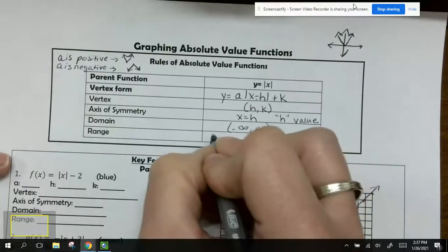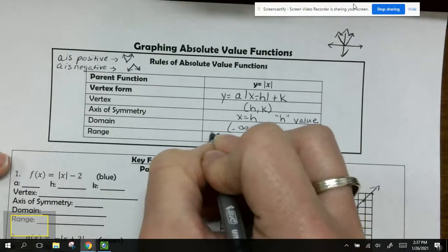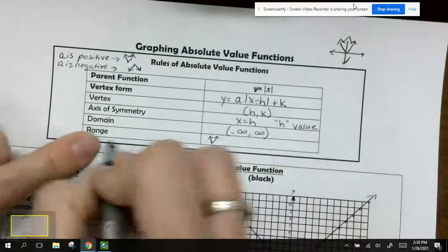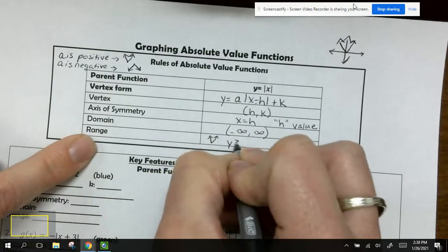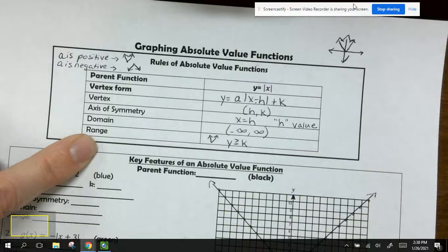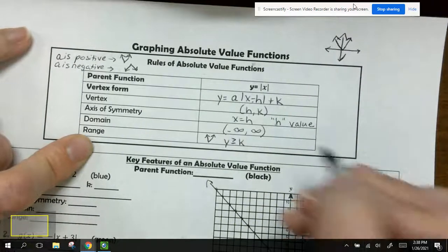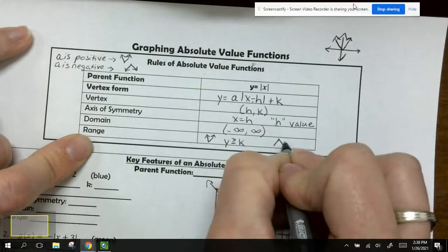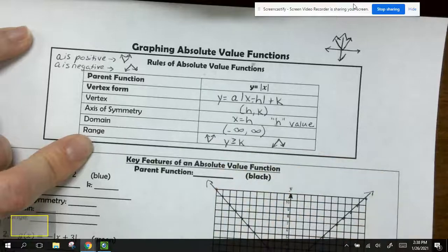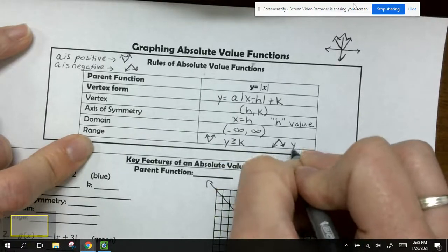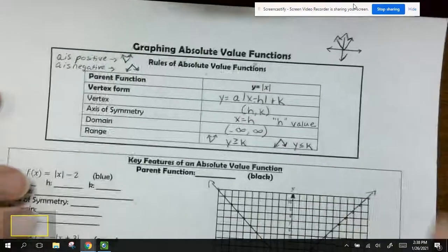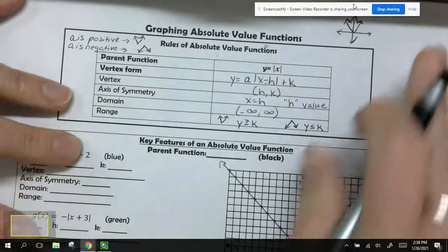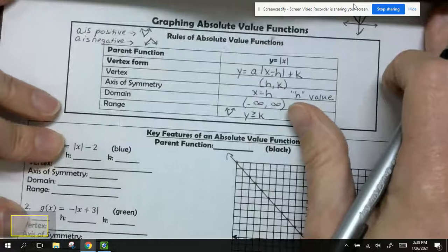Now, if your graph opens up, then your range is always going to be y is greater than or equal to k. If your graph opens down like this, the range is going to be y is less than or equal to k. All right? So we're going to refer back to this as we do these problems down here.